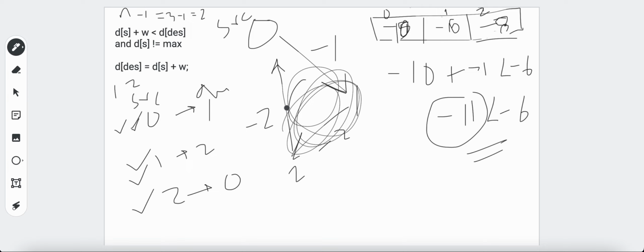So why do we do it n-1 times? By doing n-1 iterations, we will be able to update the distance array of all the nodes.